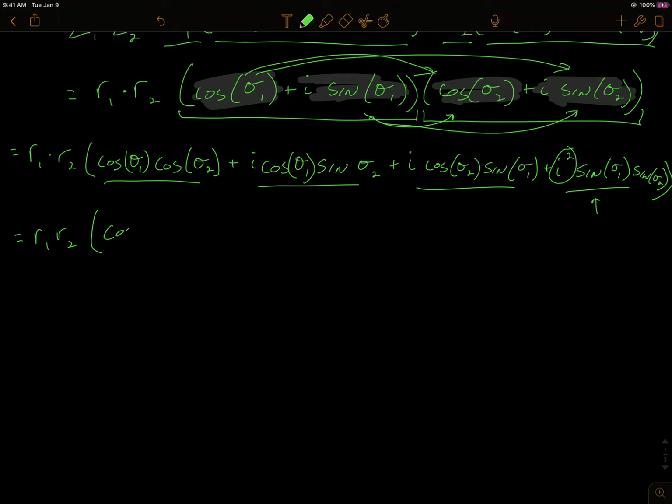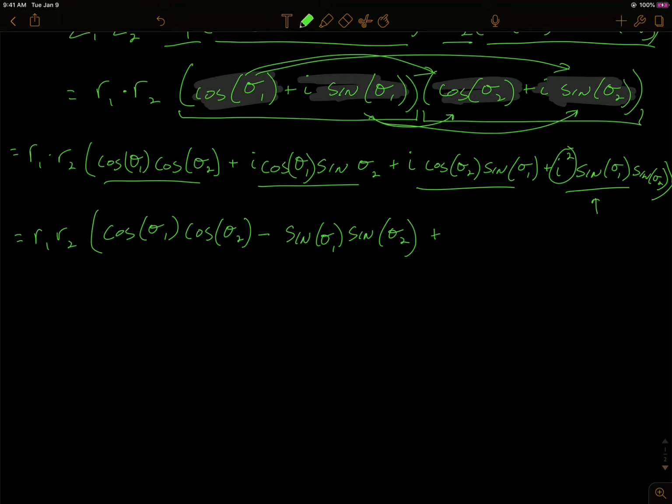So I got cosine theta sub 1 times cosine theta sub 2, and the other real part is going to be minus sine theta sub 1 times sine theta sub 2, and then plus the imaginary parts.